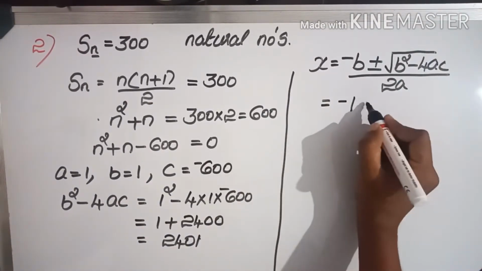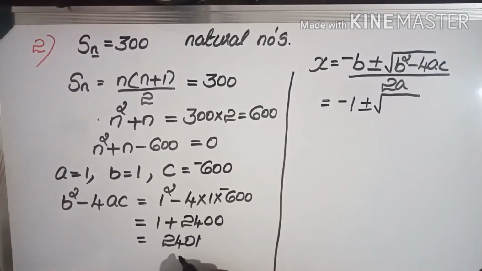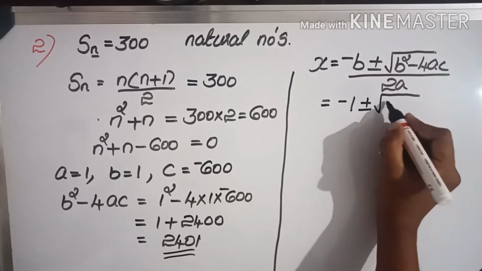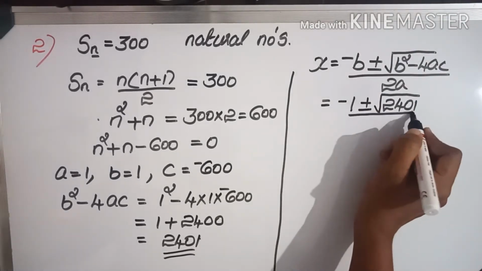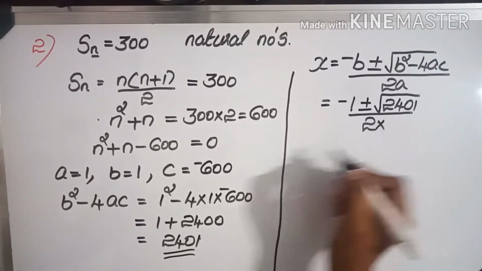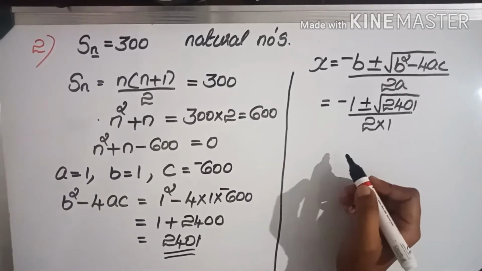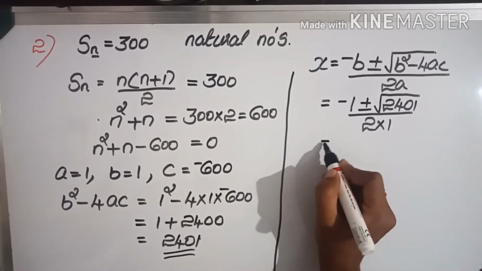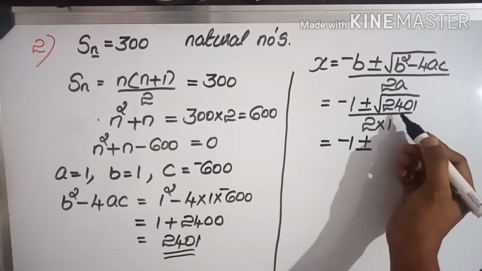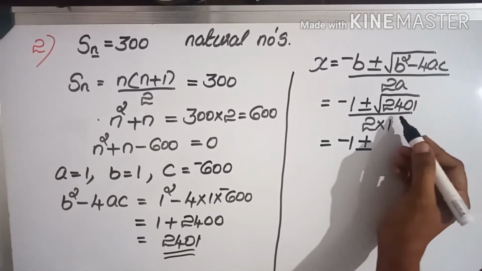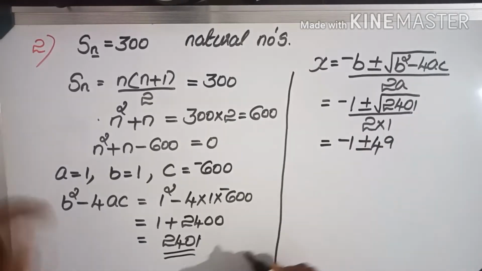So minus 1 plus or minus root of b square minus 4ac, here the answer is 2401, whole divided by 2 into a, which is 1. So in the next step, minus 1 plus or minus root of 2401.